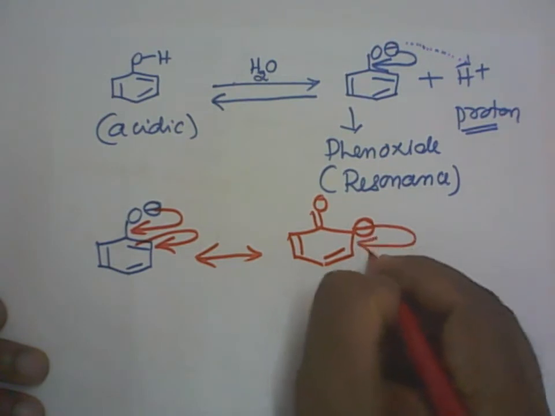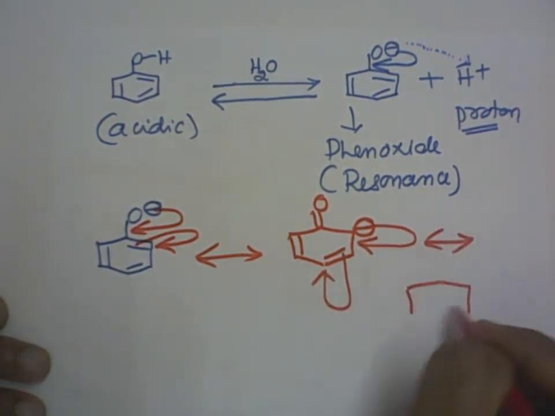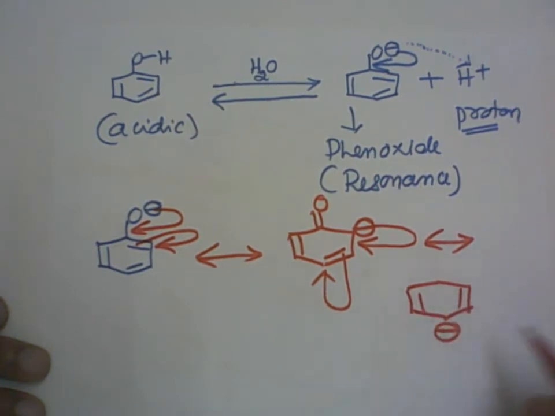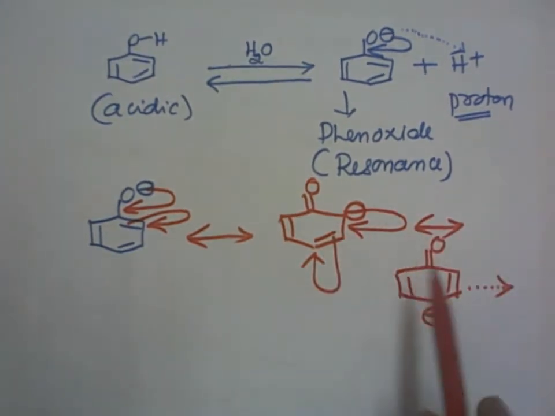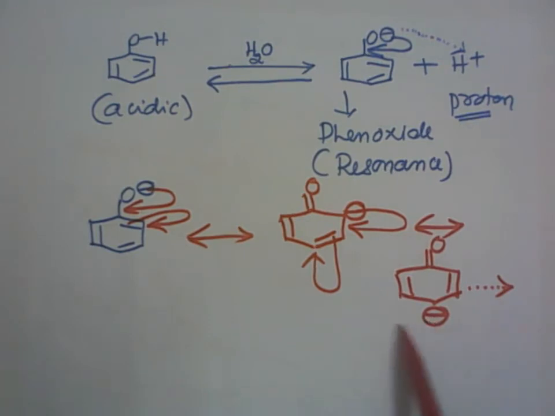Again, the negative charge becomes a bond, and the bond becomes a charge. So it goes on like this, negative charge on the para position, then a double bond. I can continue, it goes on continuously. Here you can also see that the negative charge is present only on the ortho and para positions. Next you'll get the negative charge on the para position.